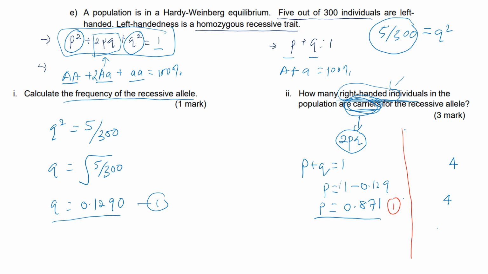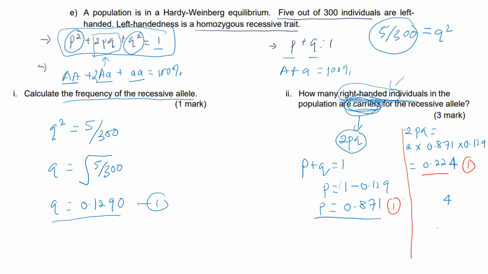So you just insert all the values. 2pq will equal 2 times 0.871 times the value of q, which is 0.129. So this would equal 0.224. So this gains you the second mark.